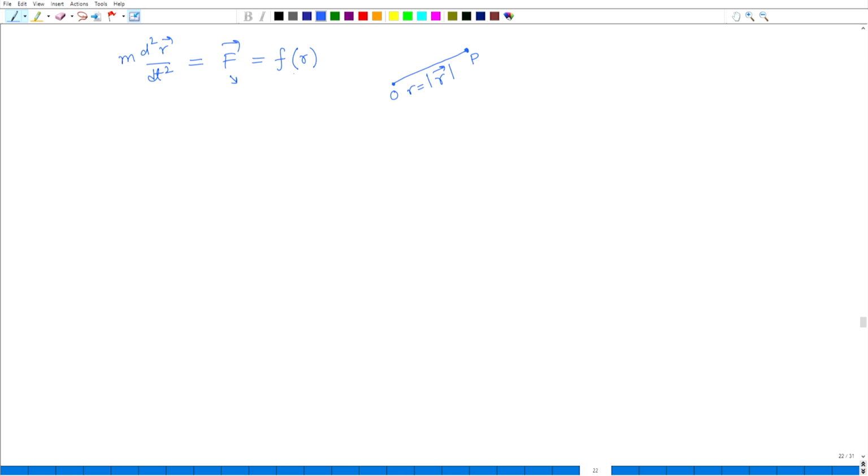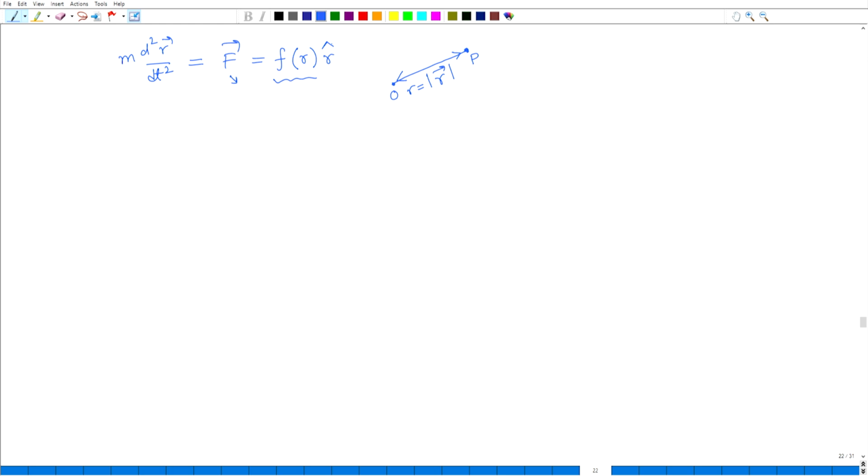If the magnitude of the force is just an explicit function of this distance, given by f(r), and the force is directed along the line joining O and P, that means the source of the force and the point at which the force is finally acting, so either like this or like this, that means plus or minus r cap direction.